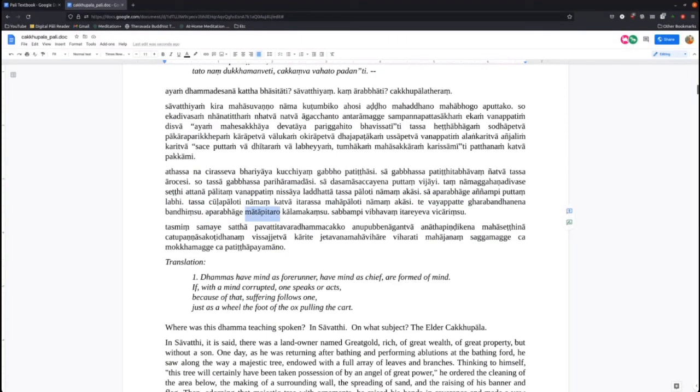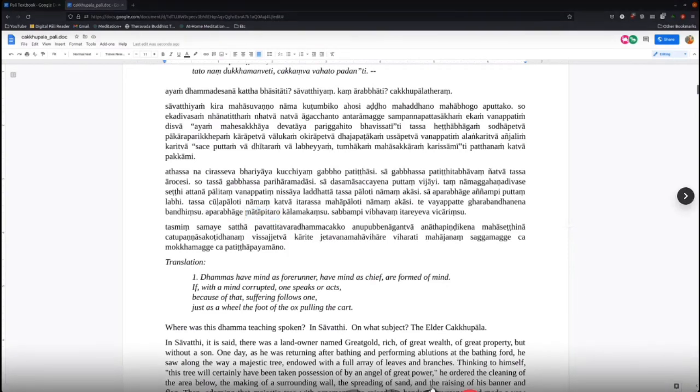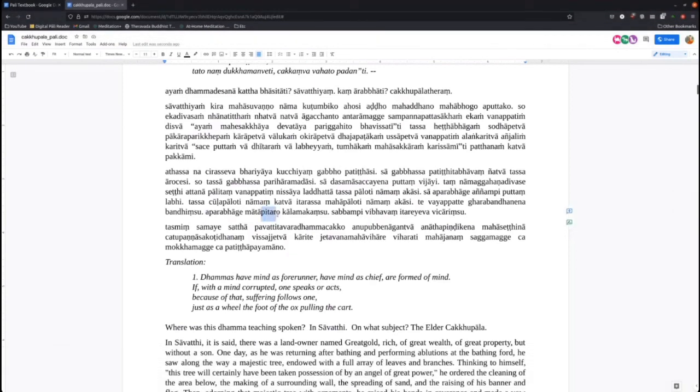And this is the subject of the sentence. Do you know what this means? I have the translation printed out, so I'm cheating, but it means mother and father. Mother and father? Yeah, mata pitu is father, but in Sanskrit it would be pitar. Pitar would be the word, and in Pali it just becomes pitu, but this is why it's pitaro.